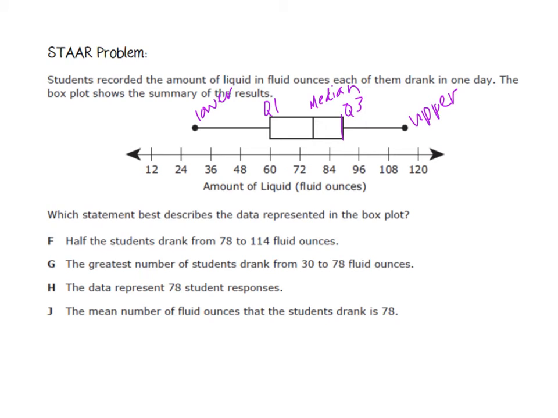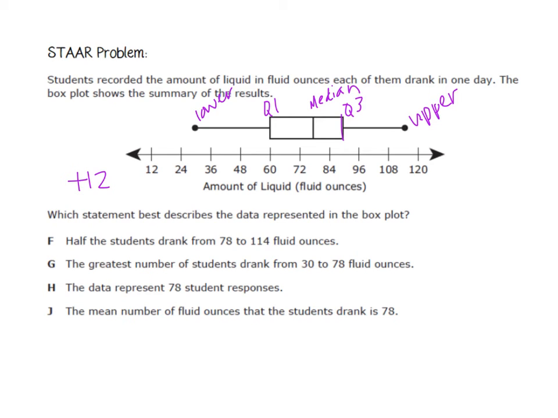One of the first things I need to do is look at the increments of my number line here. And I see I go from 12 to 24 to 36 to 48, 60, etc. So my increments are counted by plus 12 every time. So half of 12 is 6. So I kind of need to keep that in mind.